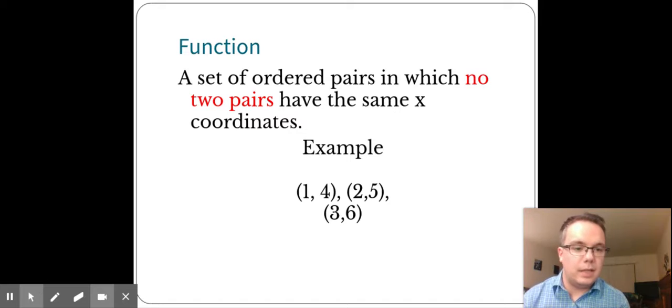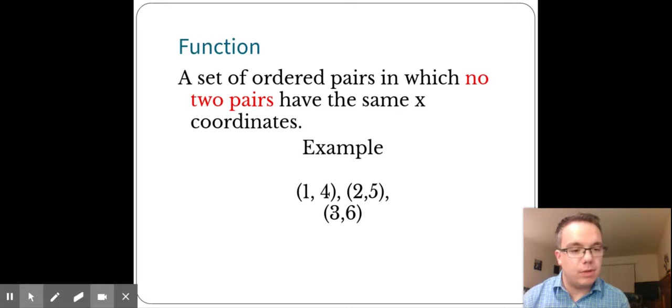The definition is that there is one and only one y for every x. So our example here is the function that has the points 1, 4, 2, 5, and 3, 6. A simple way to remember this is a function is like a friend. You should not share x's.